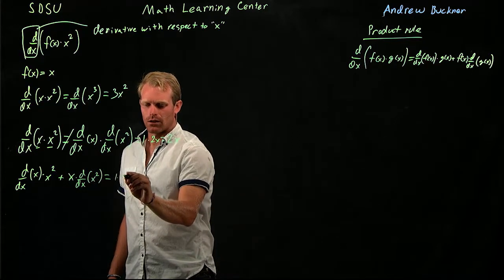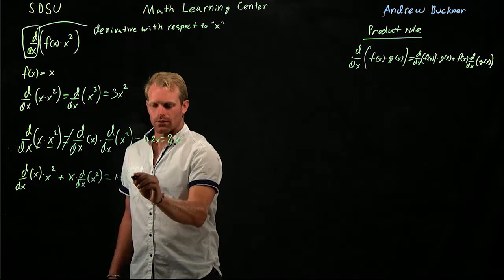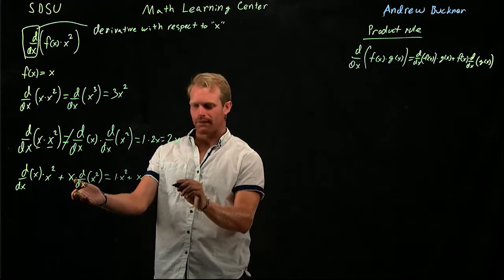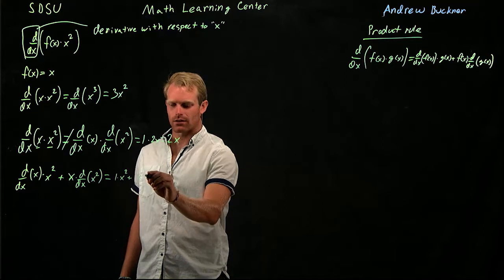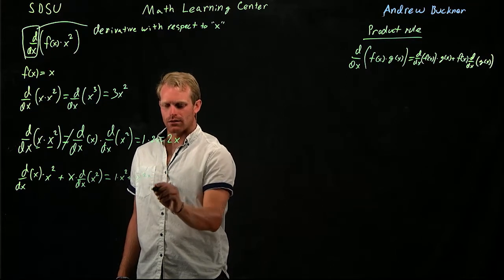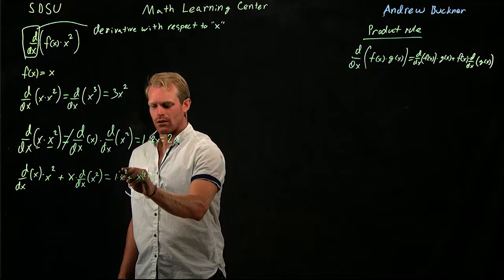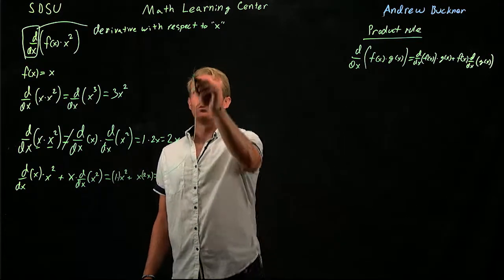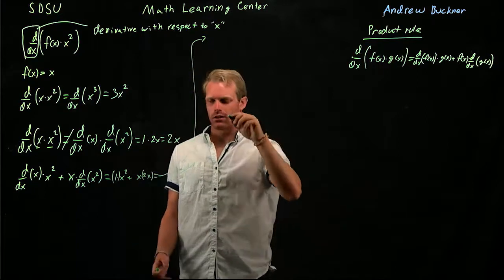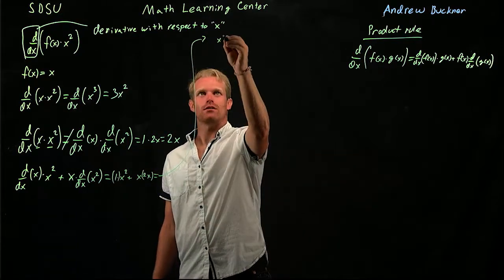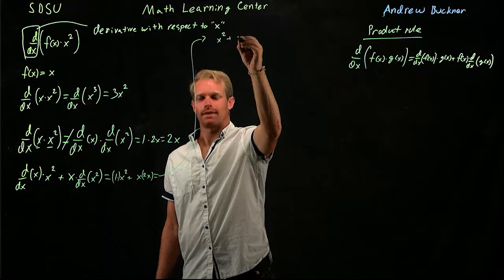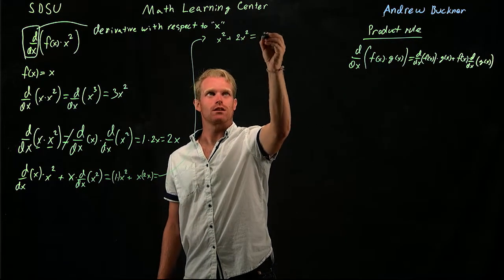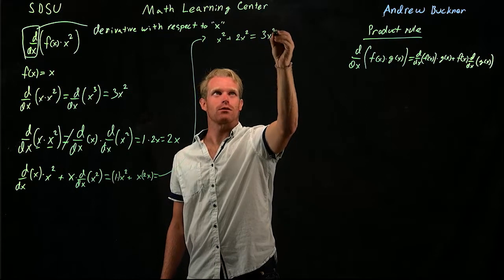So then I can go to the next step in solving it, which is I take the derivative. I get 1 times the second function x squared, adding it to the x of the first function here, and then the derivative of the second function, which is 2x. Really distinguish those, and then we can see here that we get an x squared plus an x times a 2x, which is 2x squared, which then gets our 3x squared.